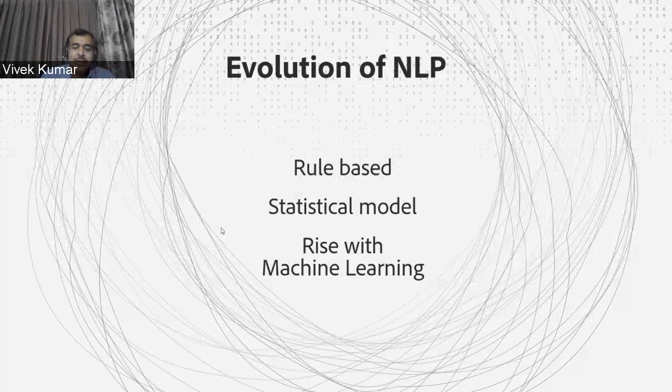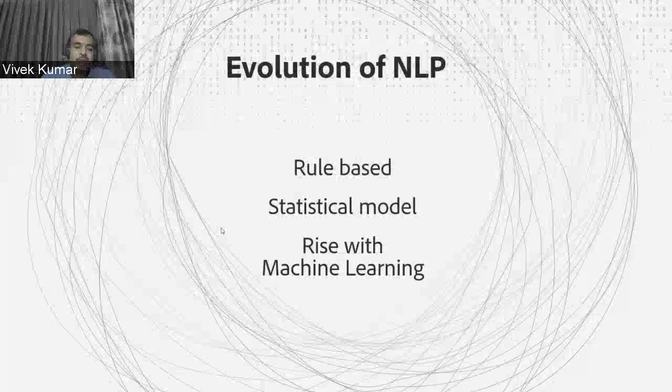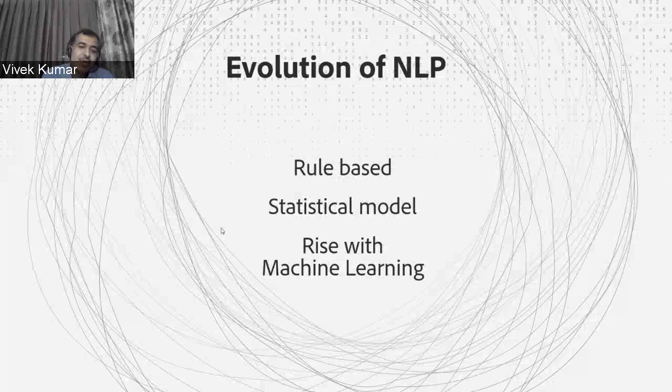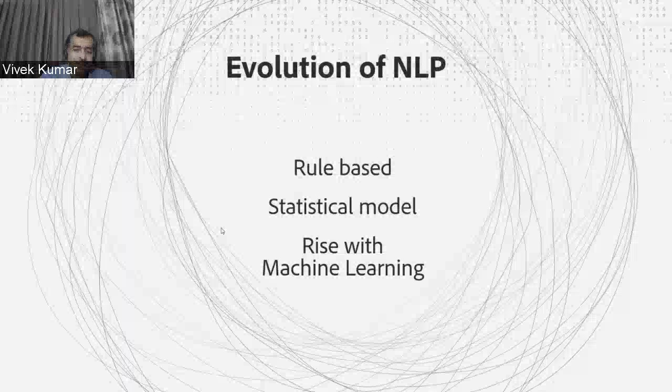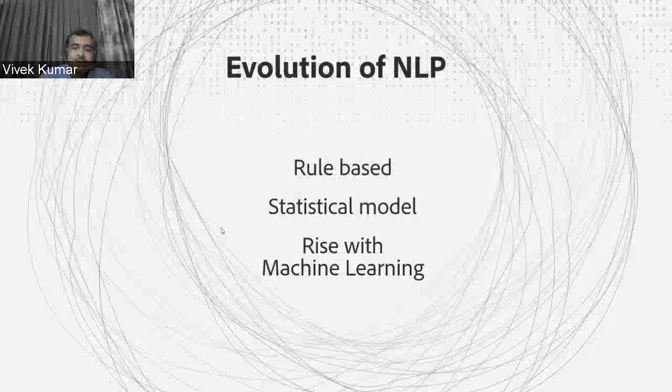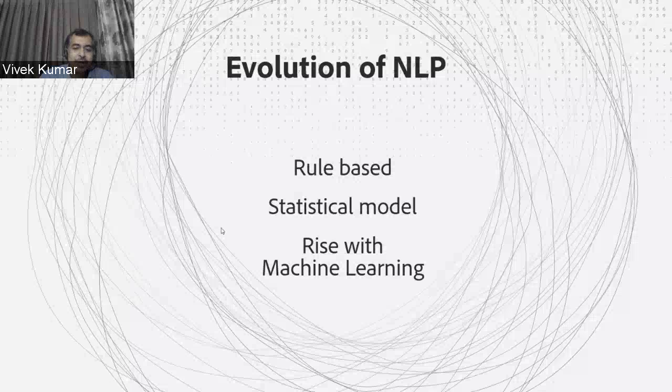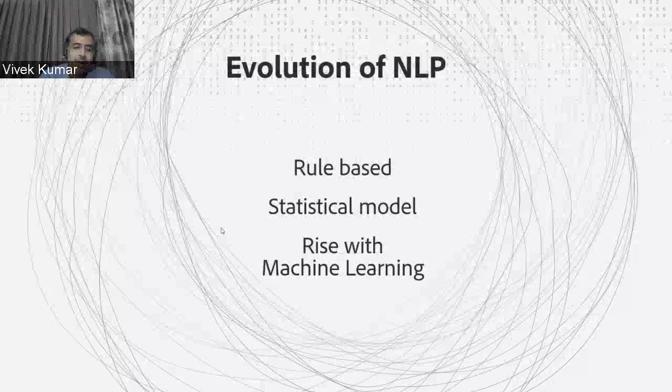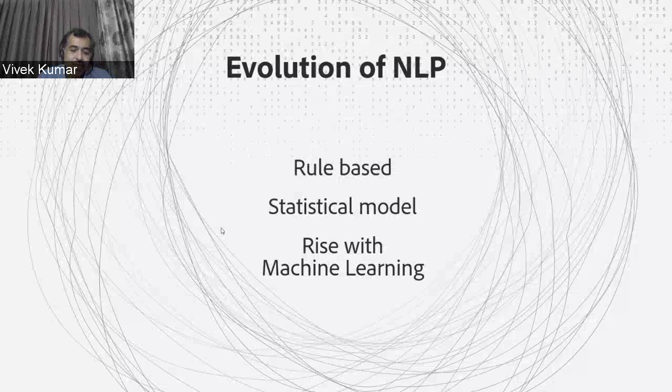Then the statistical model came, where you group things together and say, okay, this is what it is, a bunch of things together, and then you associate a probability to it. And then there was a rapid evolution because it doesn't get bogged down by English or French.